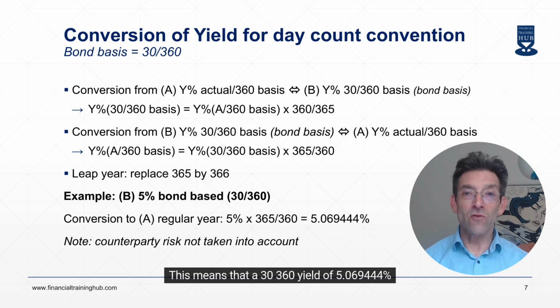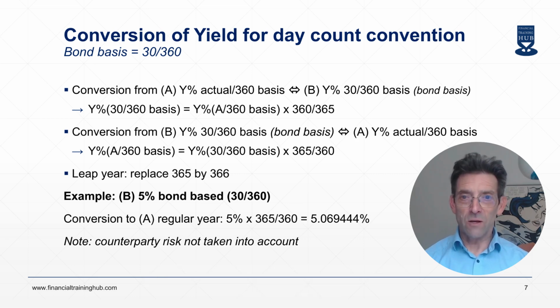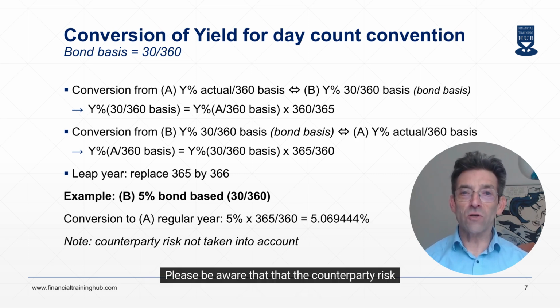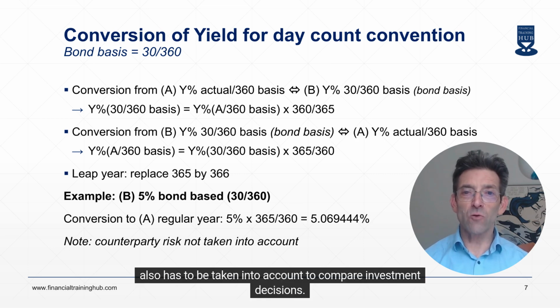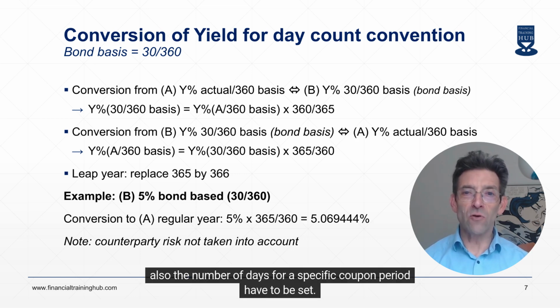This means that a 30/360 yield of 5.069444% generates the same coupon amount as an actual 360 yield for a regular year. Please be aware that the counterparty risk also has to be taken into account to compare investment decisions. Besides the day count conventions, also the number of days for a specific coupon period has to be set.